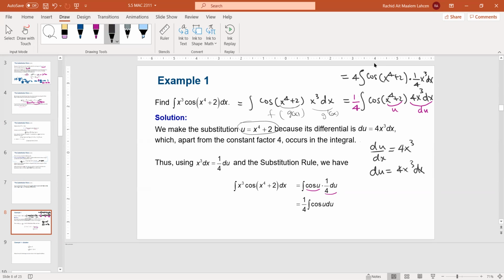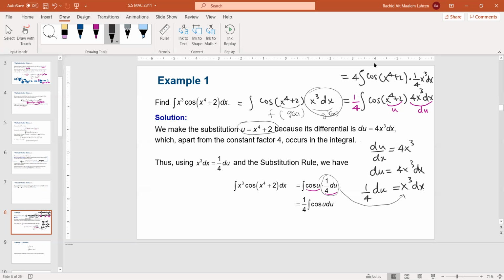We have x cubed dx, right? That's what we have here. And if you solve for x cubed dx here, you will have 1/4 du. So that's why this 1/4 du is there, because that replaces the x cubed dx.